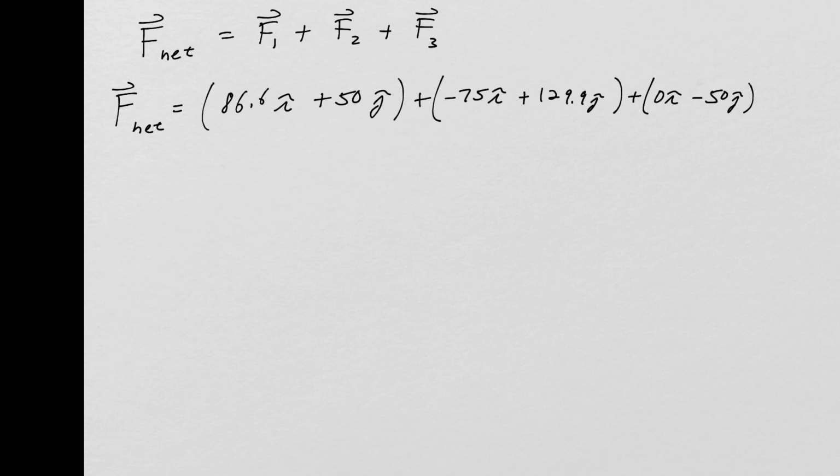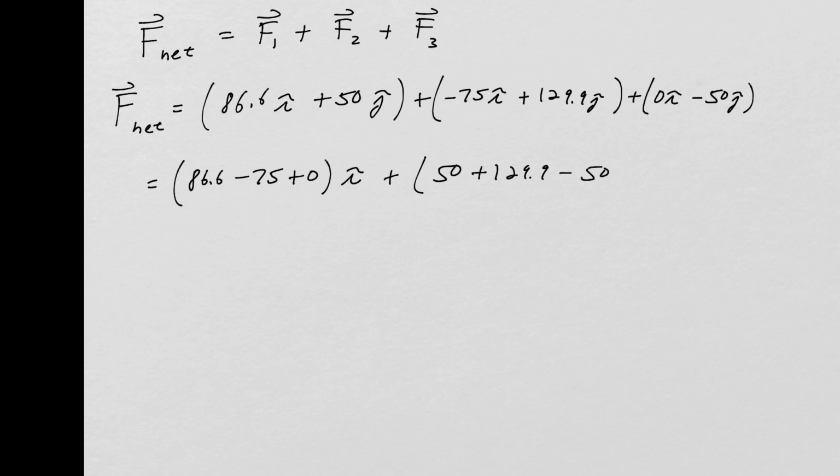So if I combine the x components together, which means the i hat, I have 86.6 minus 75 plus 0, and then combine the j's, I have 50 plus 129.9 minus 50. I'm going to get 11.6 i hat plus 129.9 j hat.